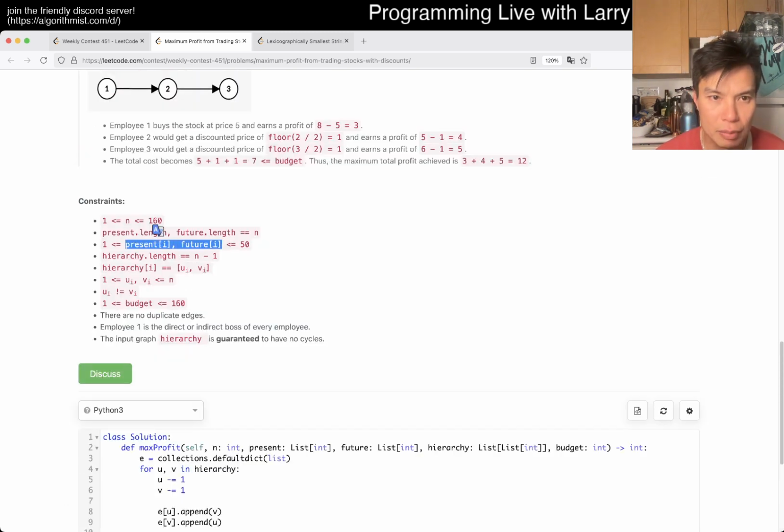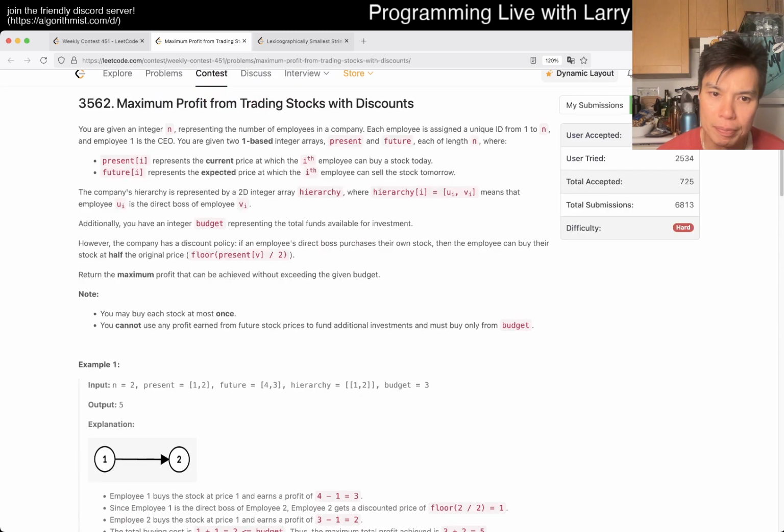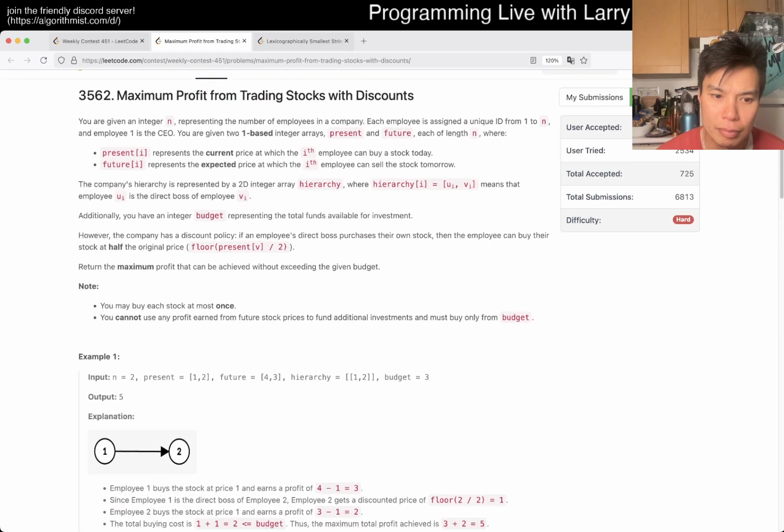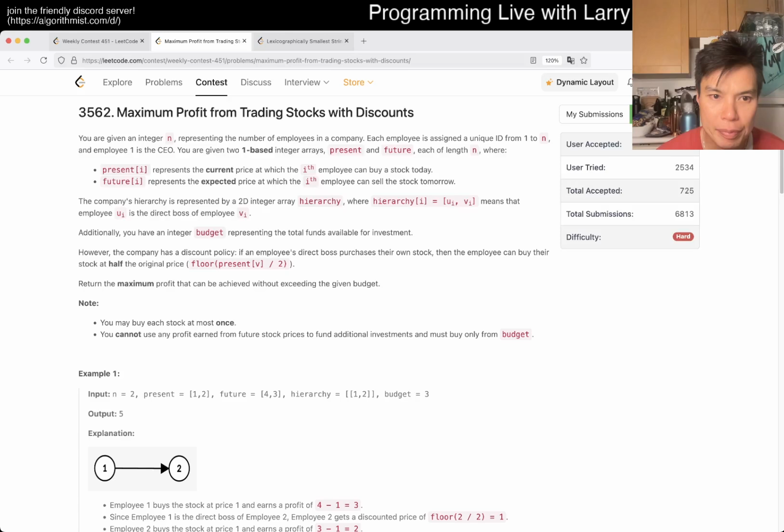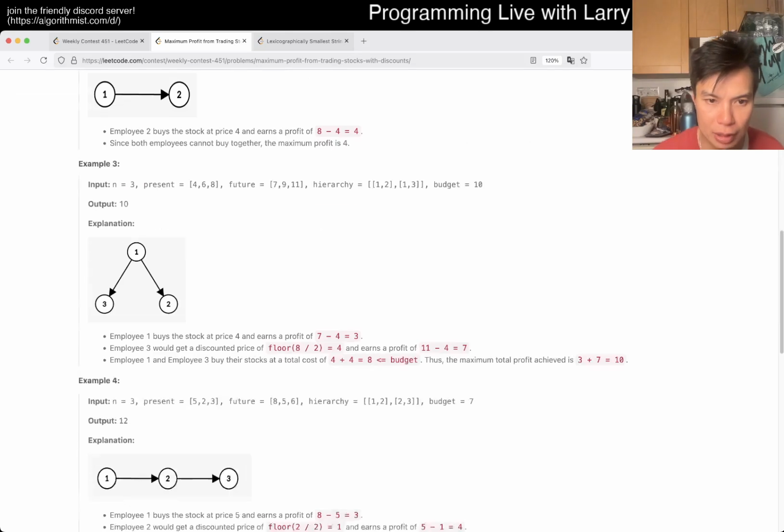Something like that. Is that good enough? Present and future seems weird. Why is that only 50? I guess it doesn't, because the budget's 160 anyway, so maybe that doesn't matter. Alright, fine. But I think this is it, right?